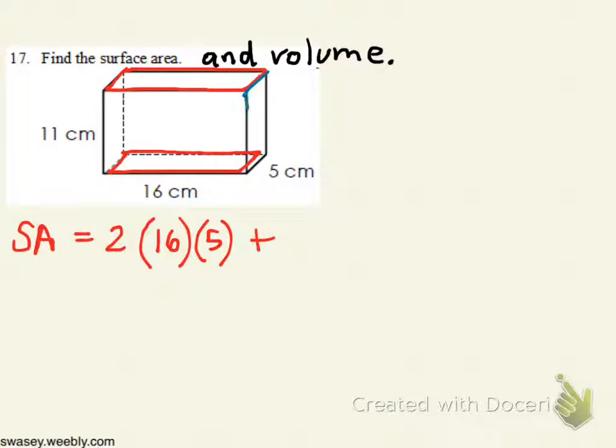And then we can look at the right side. So this right side is 5 by 11. These are 11. And so there's 2 of them. The left side will be the same type of rectangle, 5 by 11.